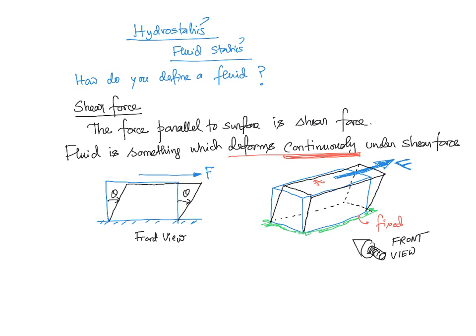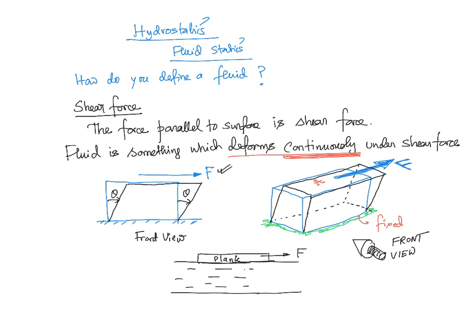So what happens if you apply this type of shear force on a liquid, say? Say this is a liquid like this, and on top of a lake you have a plank, and you apply some force on the plank.